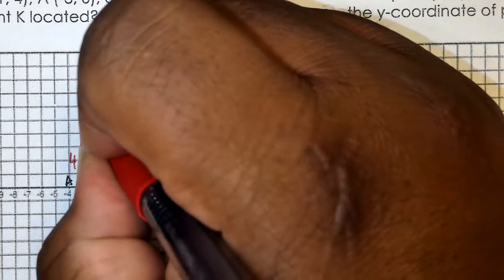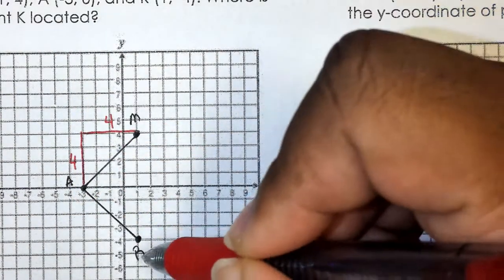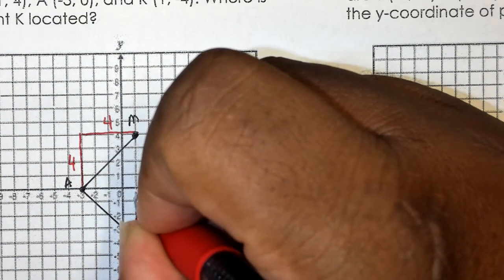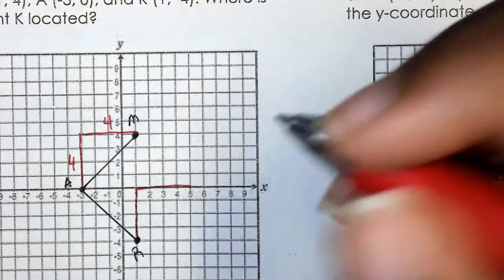And then my count is gonna be up 4, over 4. So all I'm gonna do is take that same slope and recreate it down here. Up 1, 2, 3, 4. Over 1, 2, 3, 4.